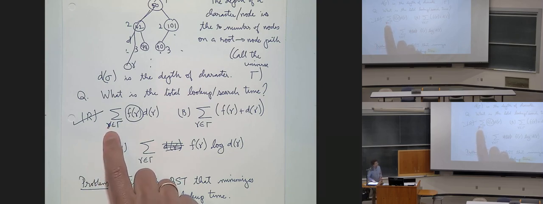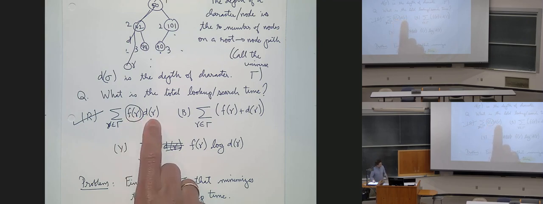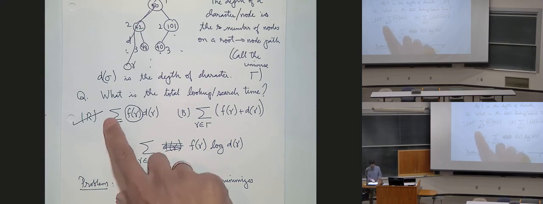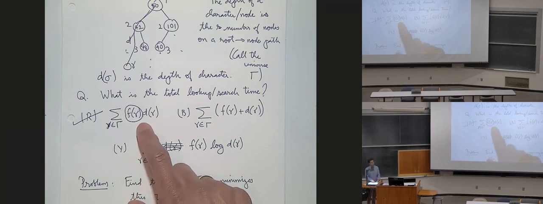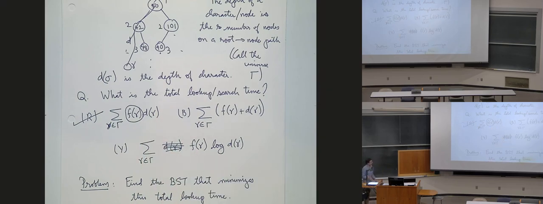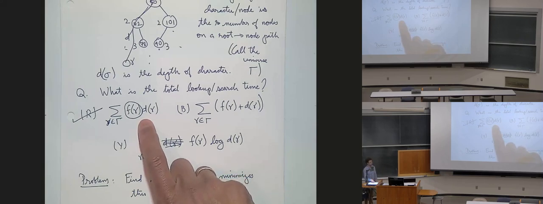So for every gamma, you're going to multiply the frequency by the depth, right? Because the frequency is the number of times you search, and the depth is the amount of time that it takes to search for that element. And you're summing this over the entire universe. This is the total time. Okay? So the aim is to find the binary search tree that minimizes this lookup time.